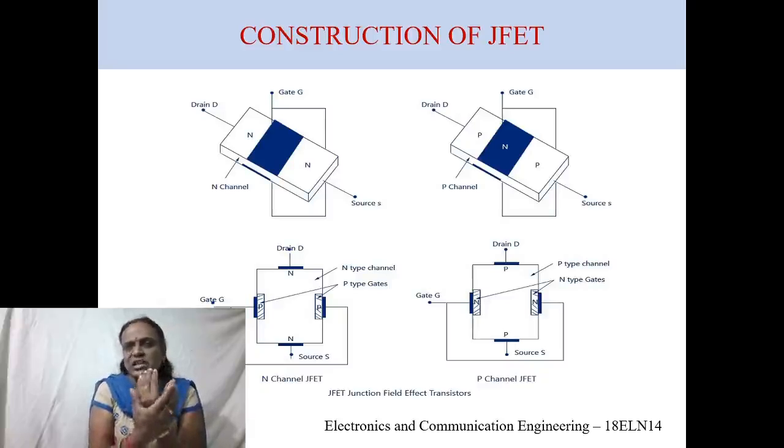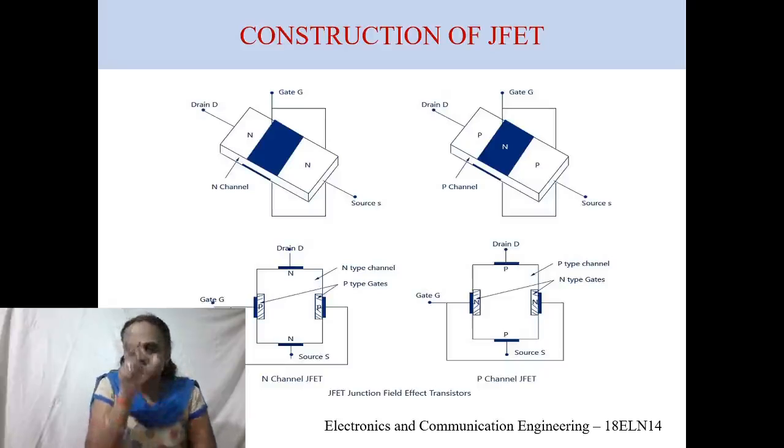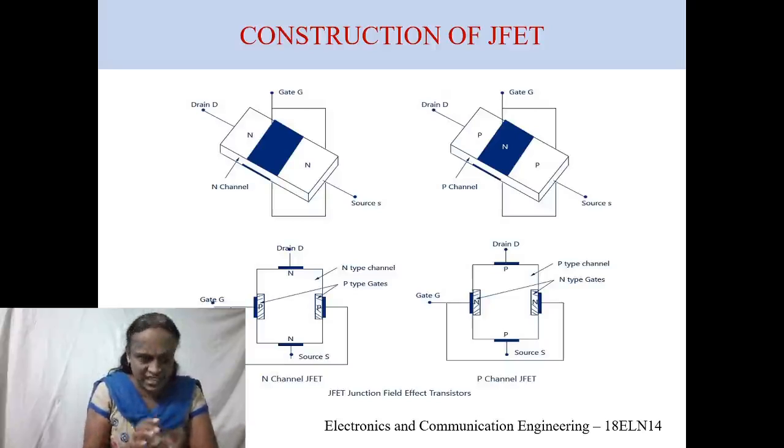That is the P-type, whereas in between there is the N-type. Hence the channel is N-type, whereas the sides where we have pasted are P-type, and from the P-type you pull out the gates. Hence we have the connection of two P-type regions to a common gate, as we have seen here.